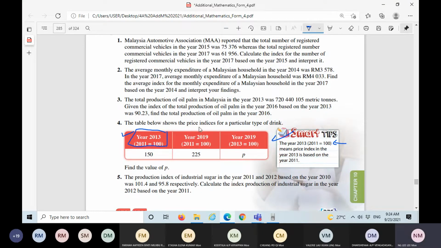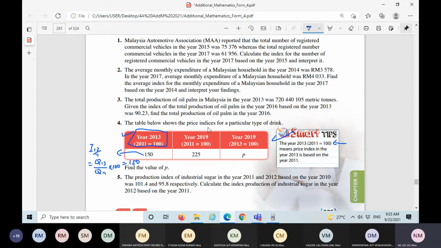The table below shows the price index of particular types of drink. This 150 means 13 over 11. So if you want to put in the formula, it will be Q13 over Q11 times 100, and this is equal to 150.